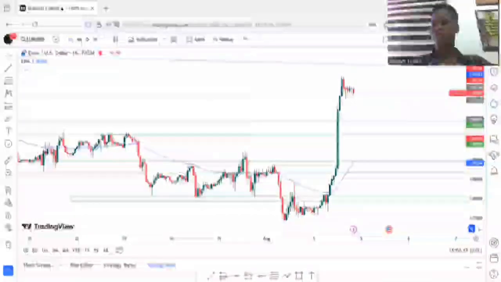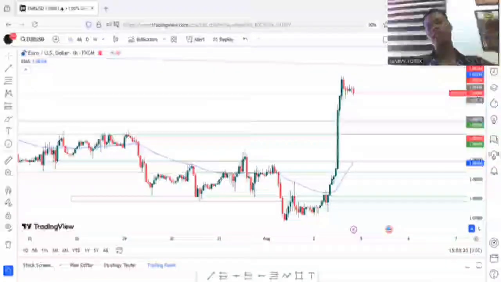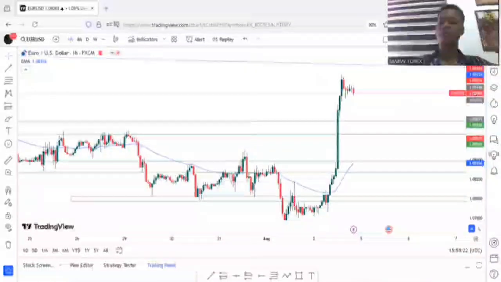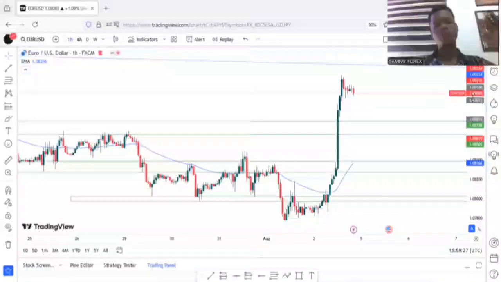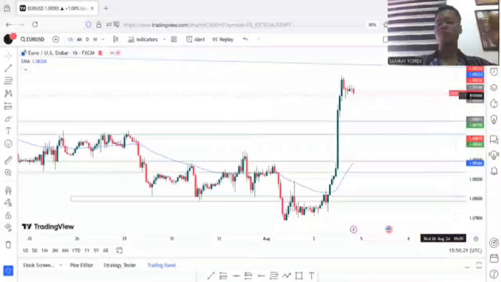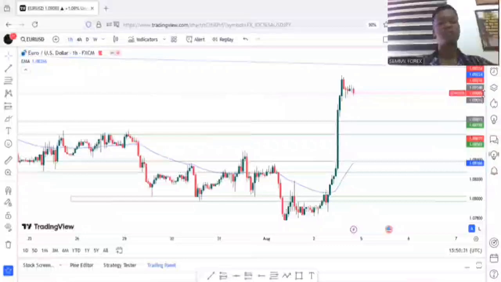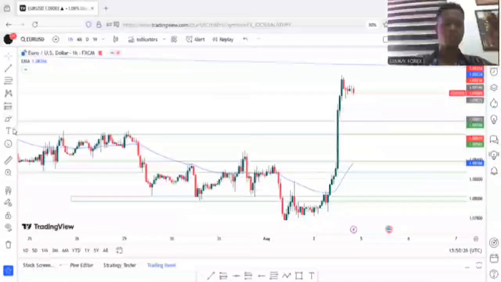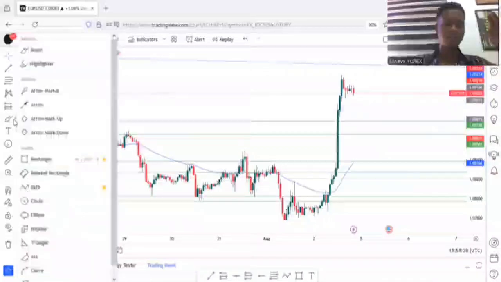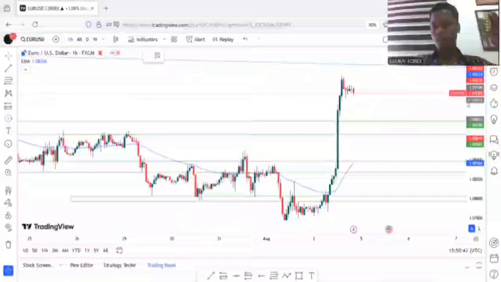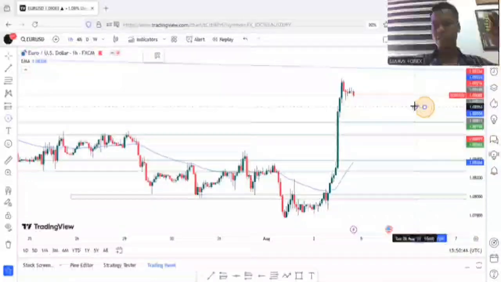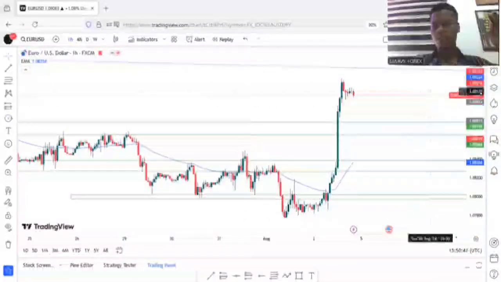The pips here is the 8, which is the fourth digit after the decimal point. The fifth is called the pipette. So the four digits after the decimal point are where the pips are. If you look at this, this is it.